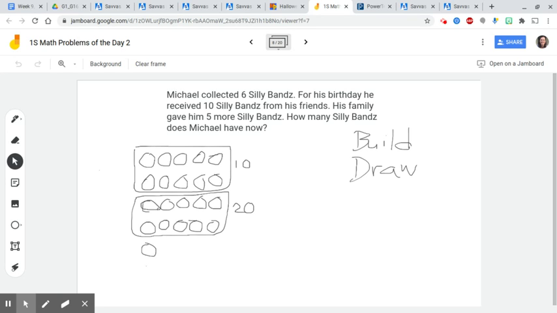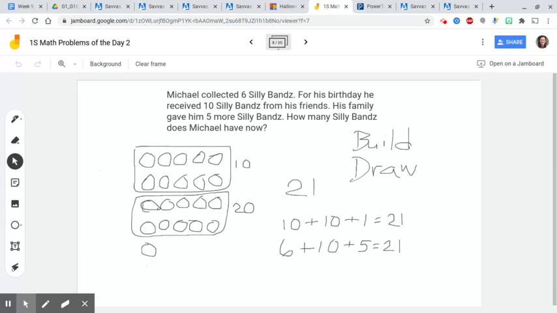I could say 21. I could also say there's a group of 10 plus another group of 10 plus one more, and that equals 21. I could also use the original numbers and say, well, there's 6 plus 10 plus 5, and that equals 21.